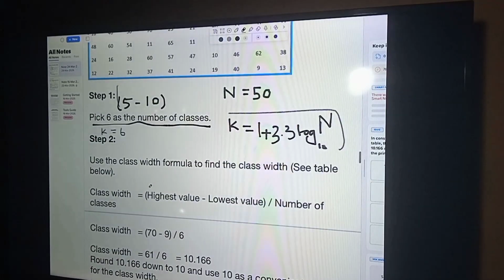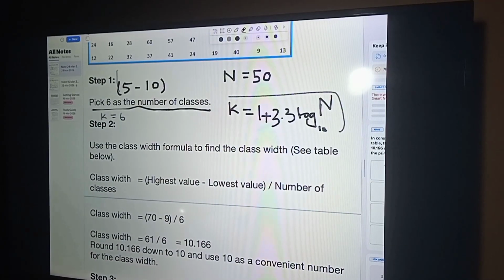The second step is class width. Decide the class width, which you can represent with small h. It is the maximum value minus the minimum value, the subtraction of the highest value from the minimum value, and then divide it by the number of classes, where the number of classes here is 6.